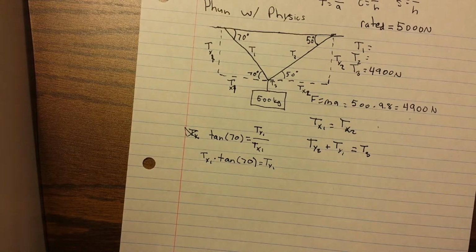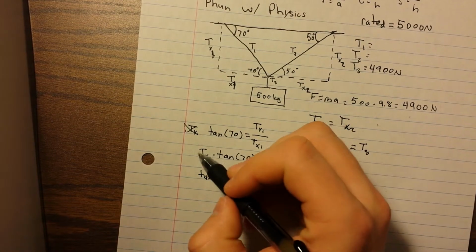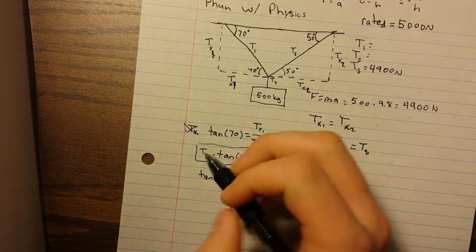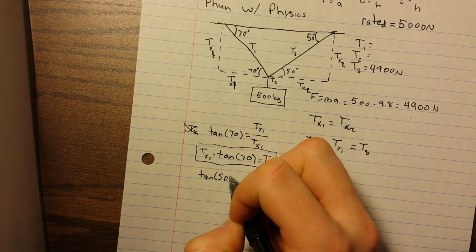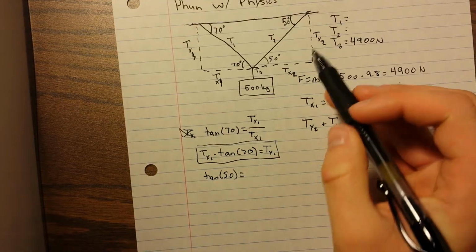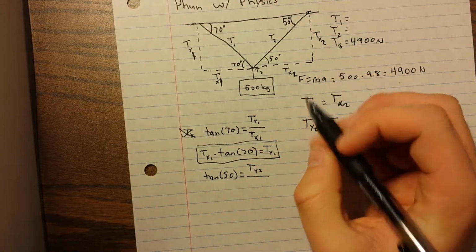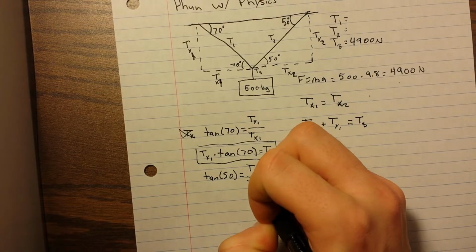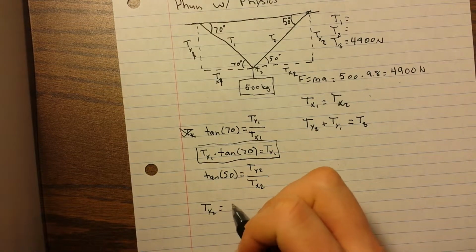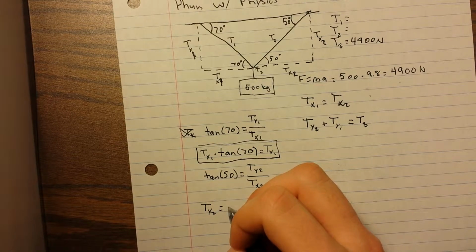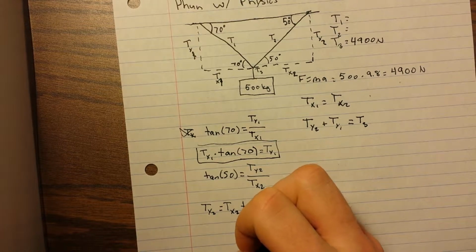Now let's go find TY2. We're going to find it the same way. Tangent of 50 equals opposite TY2 over adjacent TX2. Multiply to undo, TY2 equals TX2 times tangent 50.